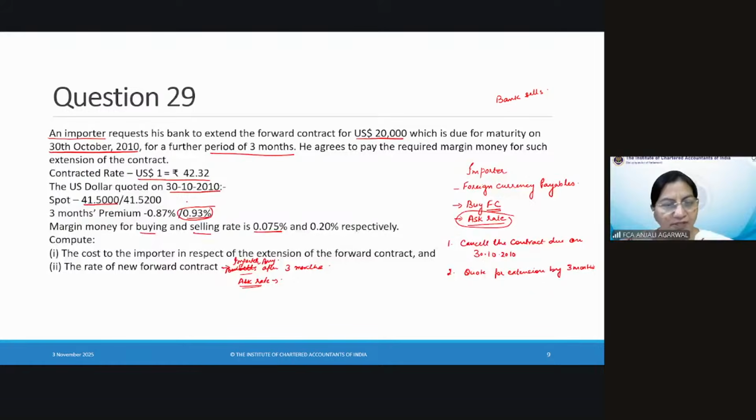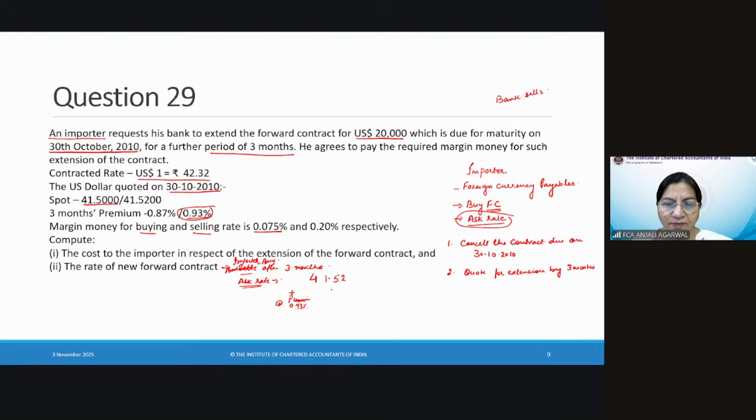That means dollar is at premium. So we will add 41.52 and 0.93% of that. So ask rate that would be applicable is 41.52 plus premium at the rate of 0.93%.